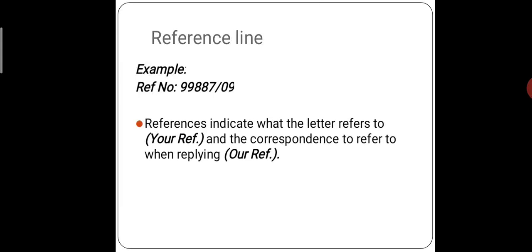Some companies include both our reference number and your reference number in their letters. For example, we can write the reference number as AB oblique FA department 20010-25. In this way, we can write down our reference, and also a reference of the company as well.